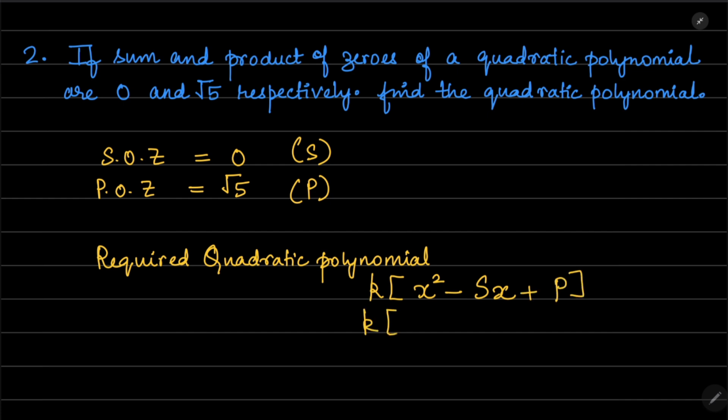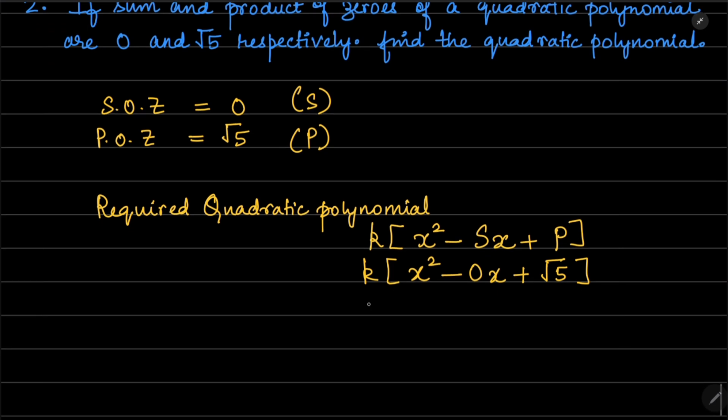So k multiplied by x square minus 0x plus root 5. This is nothing but k multiplied by x square plus root 5. Okay, you should write that when k is equal to 1, then the polynomial is nothing but x square plus root 5.